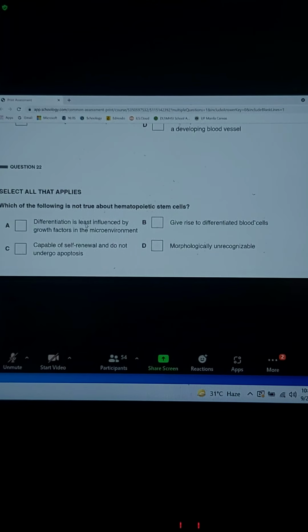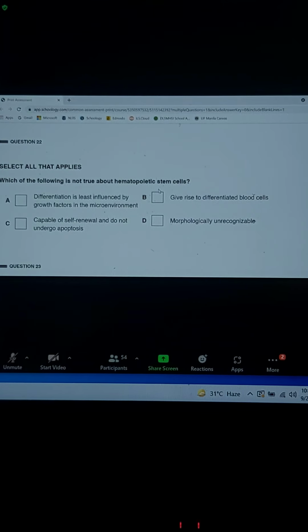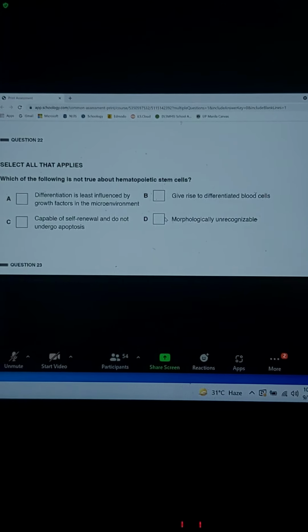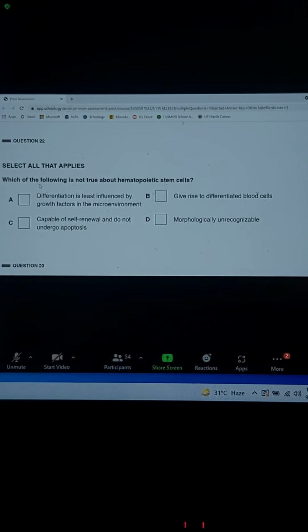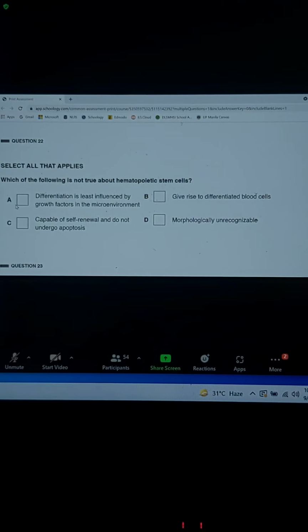Okay, so, question number 22. Which of the following is not true about hematopoietic stem cells? Letter C. So, select all that applies. Walang dyan yung mga incorrect about hematopoietic stem cells. Letter A, tama, incorrect ba siya or correct statement?